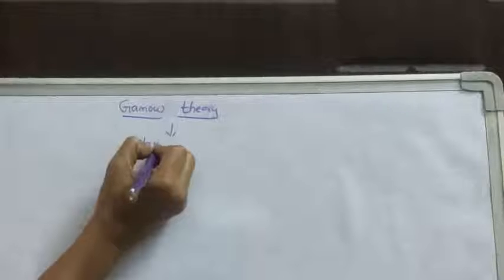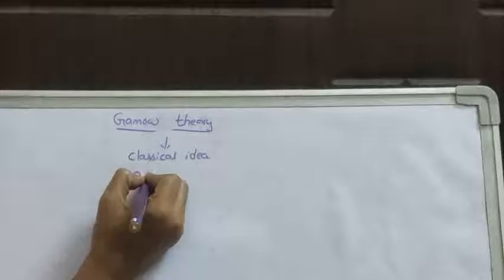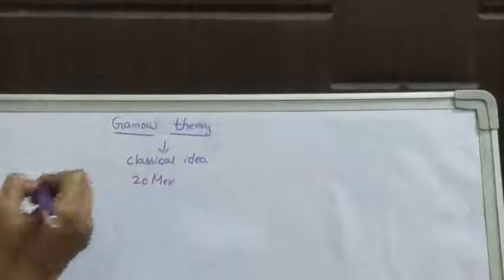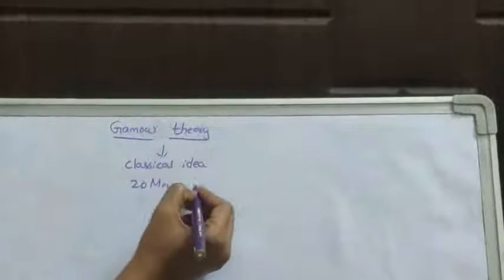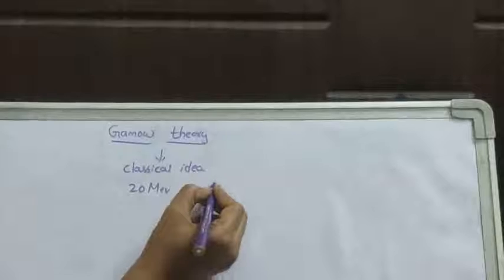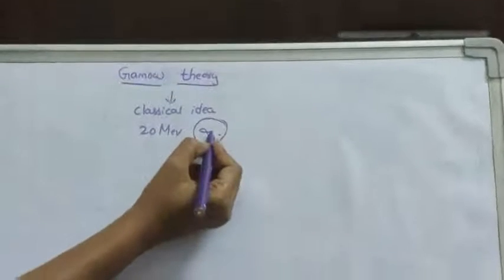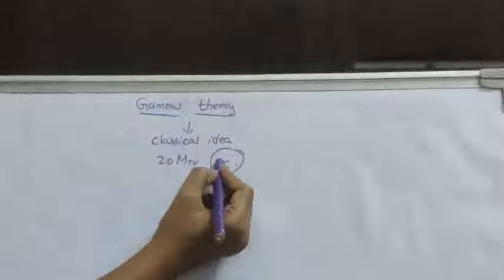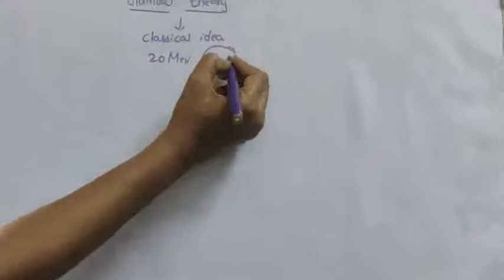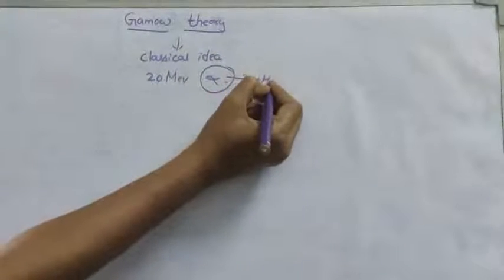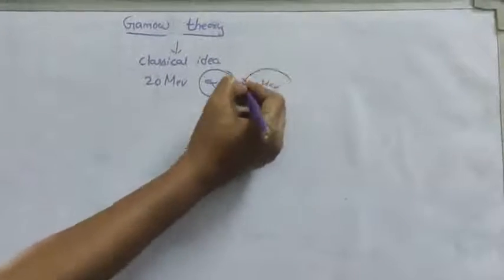So, first coming to classical ideas. 20 mega electron volt energy is required for the alpha particle to escape from the nucleus. How much energy is required for the alpha particle to escape from the nucleus? 20 mega electron volt. So this is high energy.